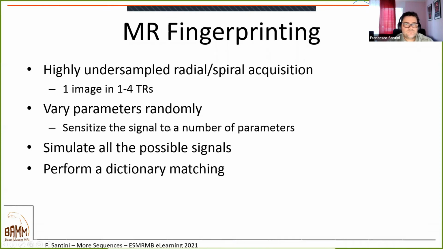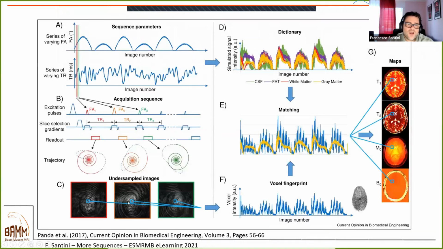But still, by doing this, you sensitize the signal to a number of parameters. So you put sensitivity to T1, to B0, to B1, to T2, to diffusion, to perfusion, to whatever you want. And then you simulate all the possible signals. So you put all the parameters that you know your system is sensitive to, and you simulate the signals that are produced by this sequence. And finally, you do a dictionary matching. If you acquire enough images, so in this case, for every slice, you acquire very badly undersampled, low resolution images.